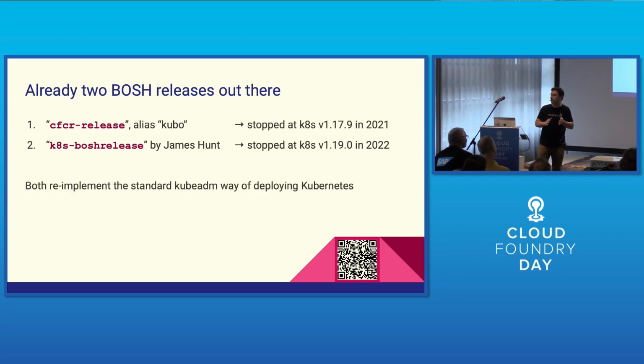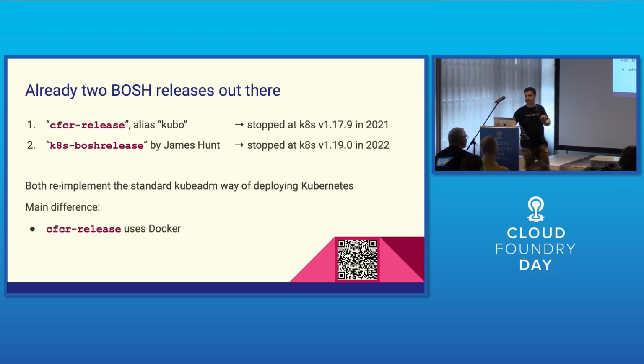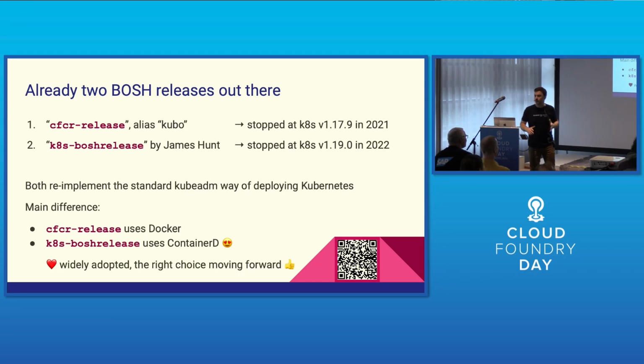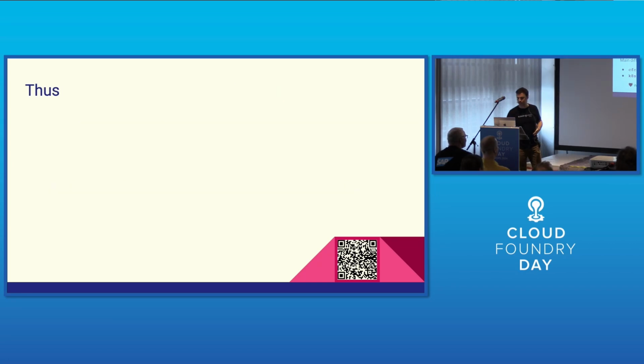They both re-implement the standard kubeadm way of deploying Kubernetes, with a bit of difference. CFCR release uses Docker as a runtime, and Kate's Bosh release uses containerd. Containerd is nice, because it's widely adopted and it's the right choice moving forward.